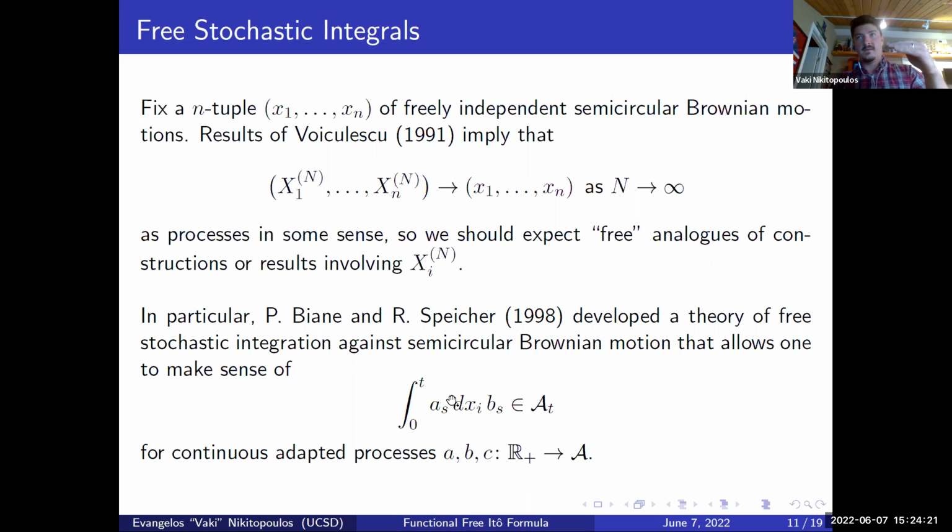And those formulas that I gave you at the beginning of the talk that hand-wavily define the regular classical stochastic integral, loosely speaking, those are the same formulas that define the free stochastic integral in this setting. Okay, so we're going to take for granted that such stochastic integrals make sense to us per the work of Biane and Speicher.